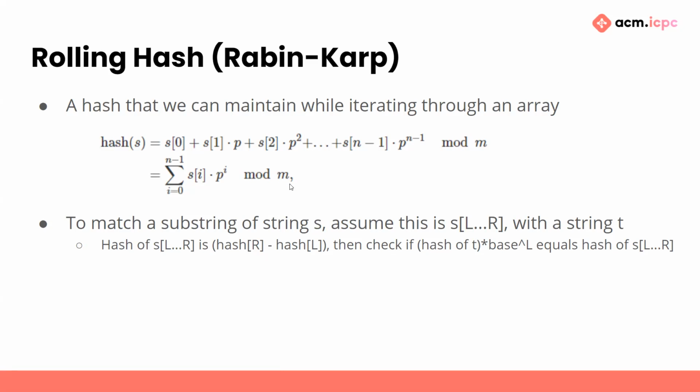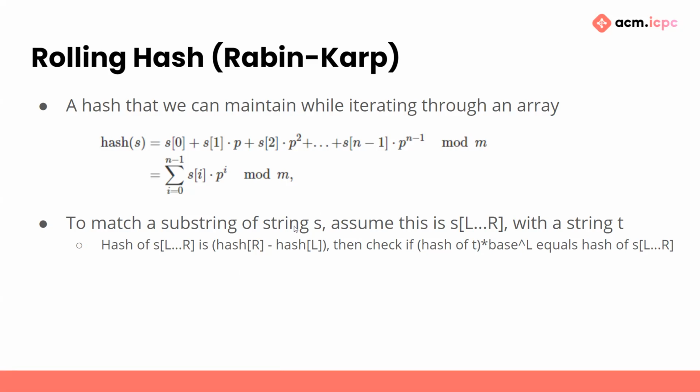That's not complete, but it will be the same length as T. Because if you're comparing two strings that aren't the same length, then of course they won't be equal. So here we're assuming that the length of the substring of S and the length of string T are the same.